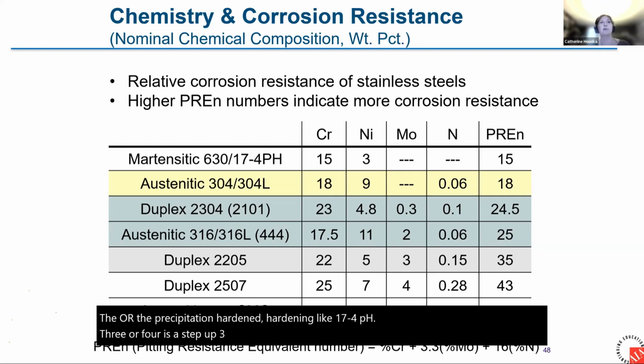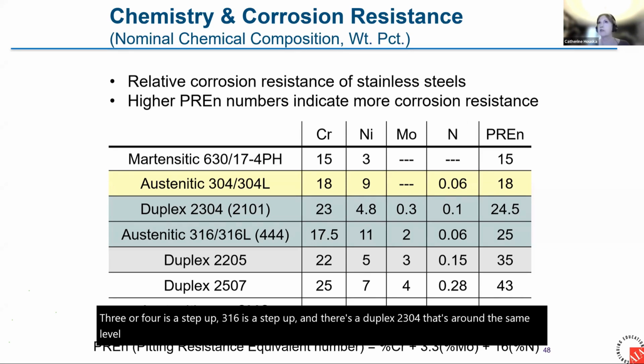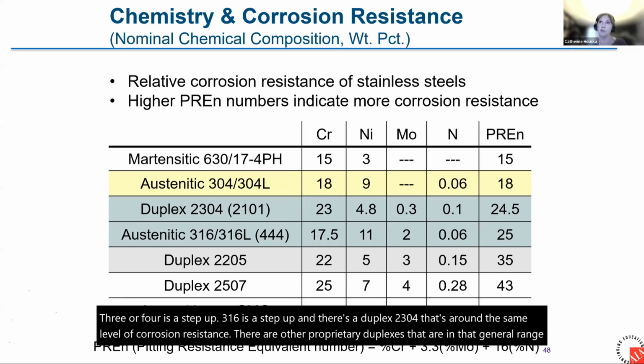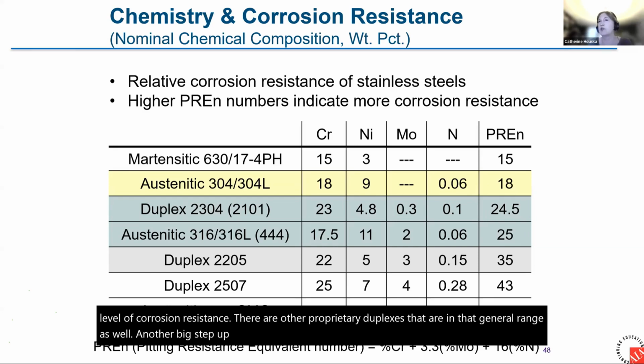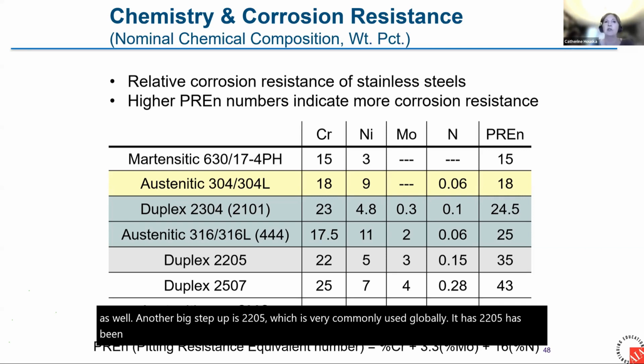316 is a step up, and there's a duplex 2304 that's around the same level of corrosion resistance. There are other proprietary duplexes that are in that general range as well. Another big step up is 2205, which is very commonly used globally. 2205 has been used to support sunscreens in more corrosive locations.